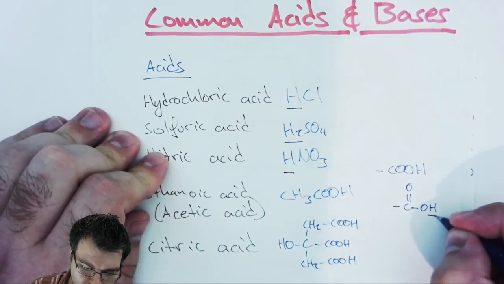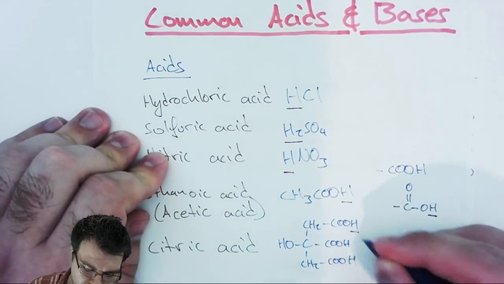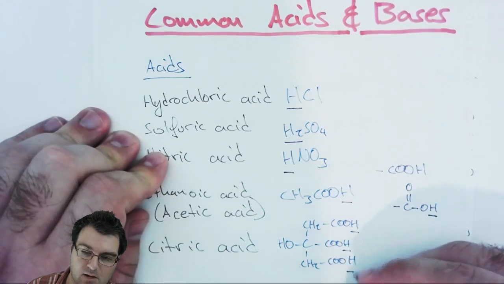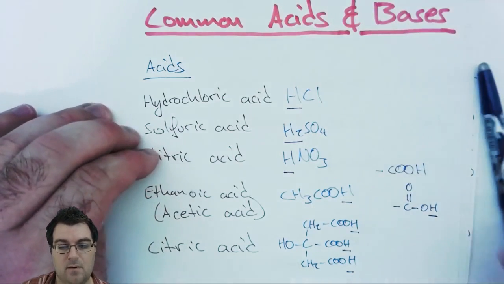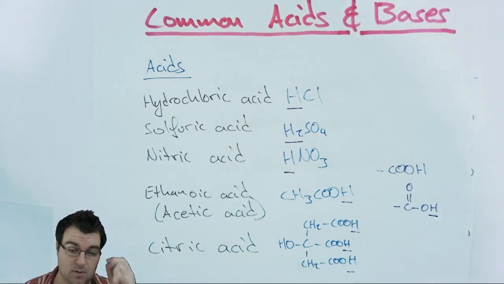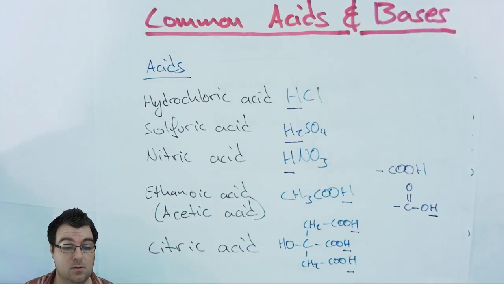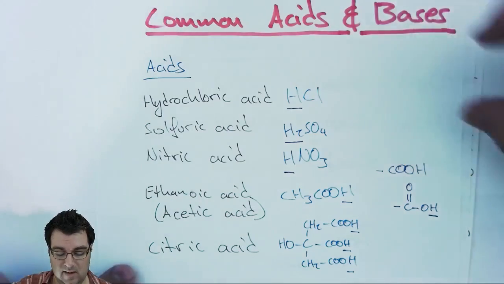And it's that hydrogen that can be donated. So in these structures, there are the hydrogens just here that can be donated. These are important acids for you to remember, because most of the examples we're going to do, both in these videos and in class, are going to use these acids.